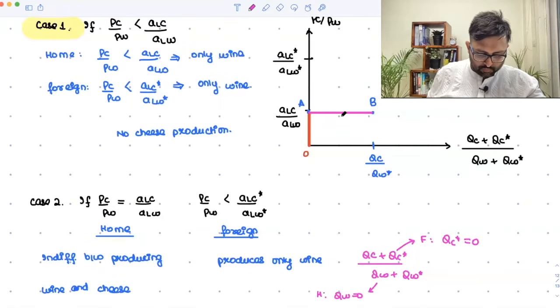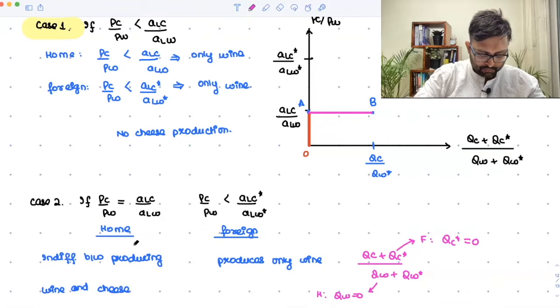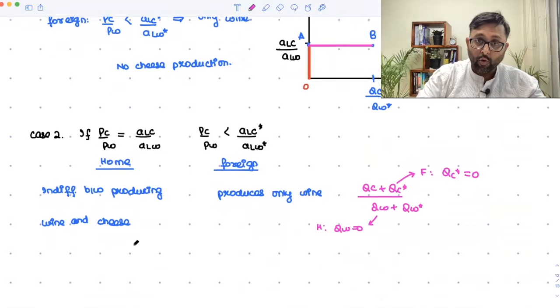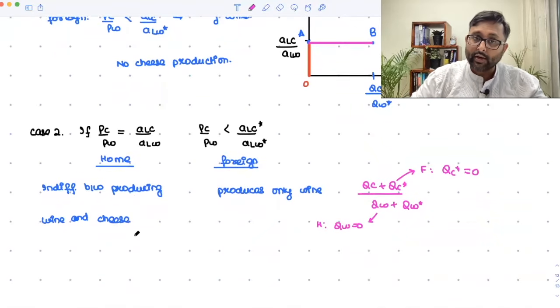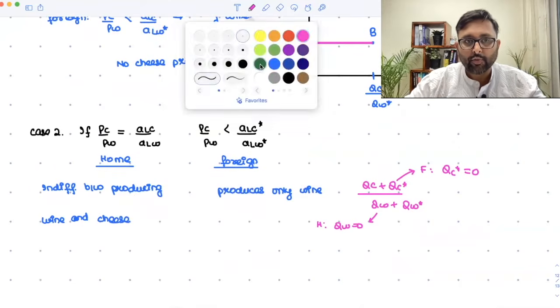If home is going to produce only wine, we are at point A. If home produces only cheese, we are at point B, right? So you might write that point also.